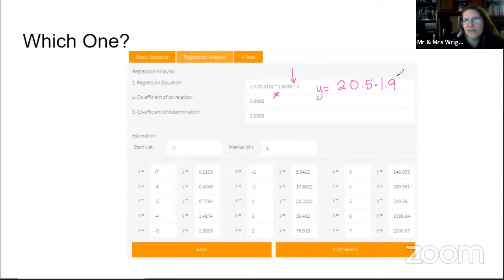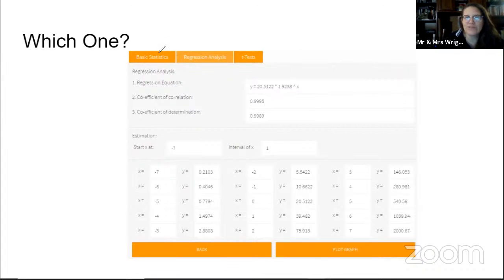And that caret means to the power of x. So we have 20.5 times 1.9 to the power of x. And that's our final best fit exponential regression equation.